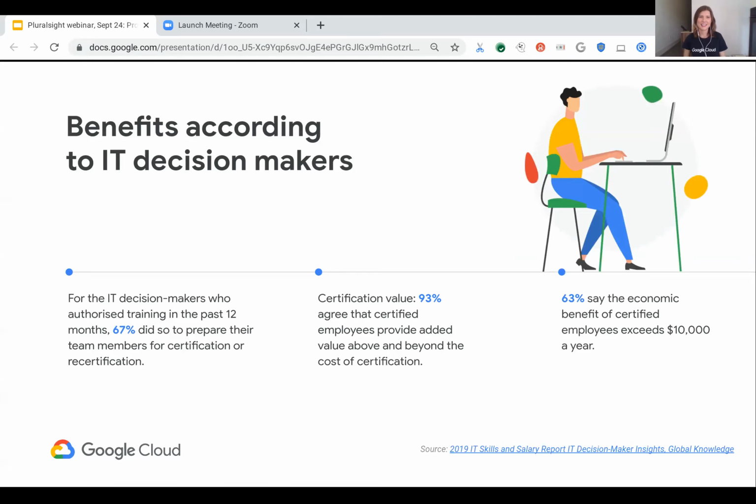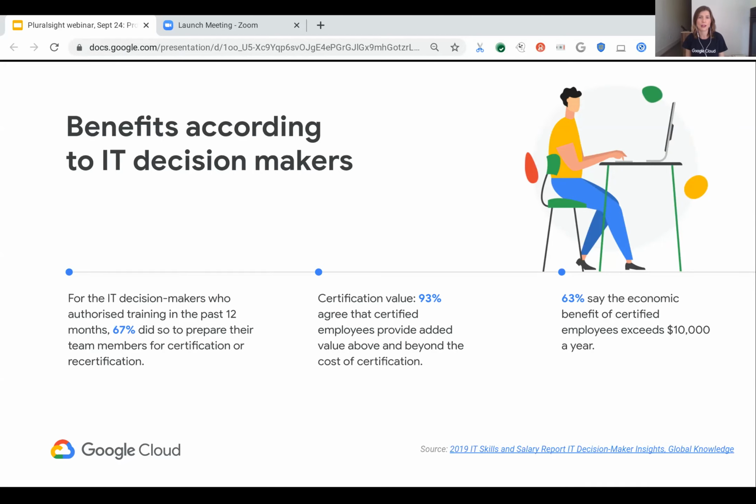Another area that's also really interesting and important is benefits of certifications according to IT decision makers. And we are referring here to some results of an externally available study. I think the first interesting data point is that in the last year or so, pretty much 2/3 of the training budgets that were authorized were actually approved so that the team can prepare for a certification or recertification.